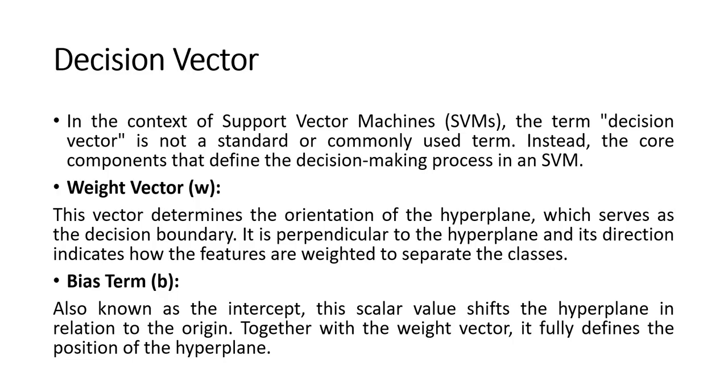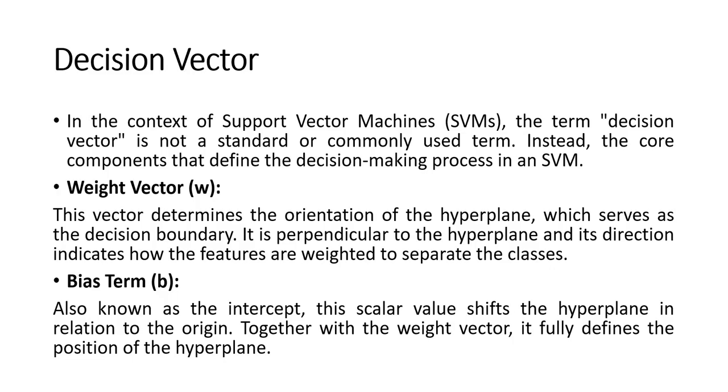Without the weight vector, the classifier cannot determine the correct orientation, and without the bias term, the hyperplane cannot be positioned correctly. Together, they maximize the margin between different classes, making the classifier more accurate and reliable.